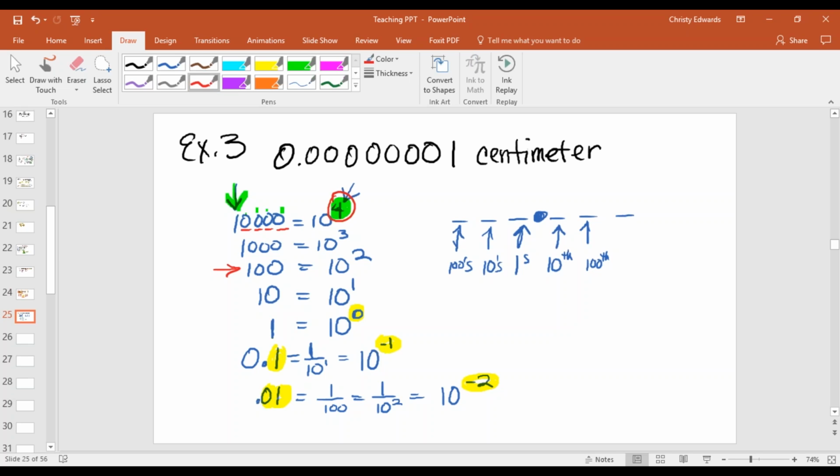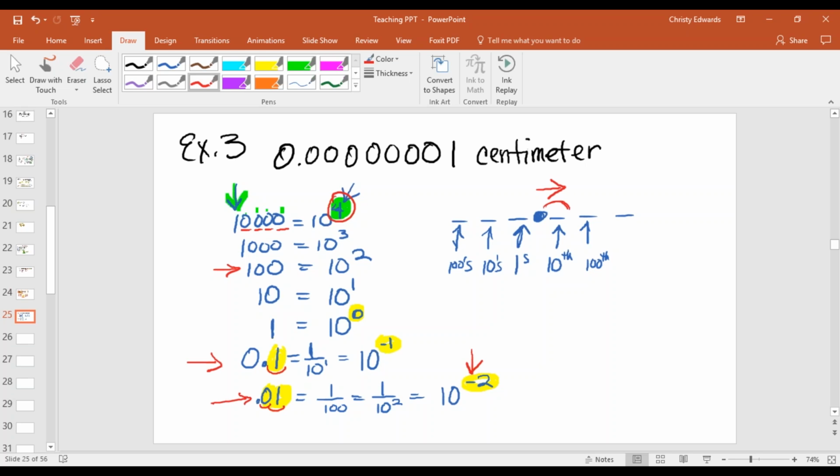That's the power on the 10. But when you're on the right side of the decimal place, it's purely how many digits are there after the decimal. So look down here on the bottom left. 1 digit after the decimal, then you're in the 10 to the negative 1's place. 2 digits after the decimal, you're in the 10 to the negative 2's place.